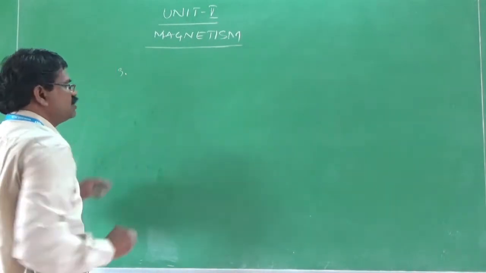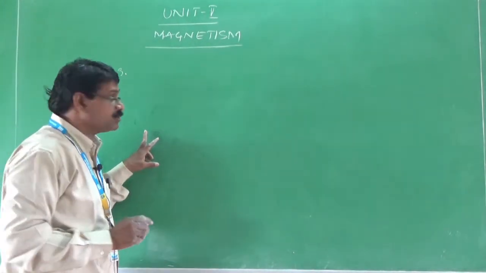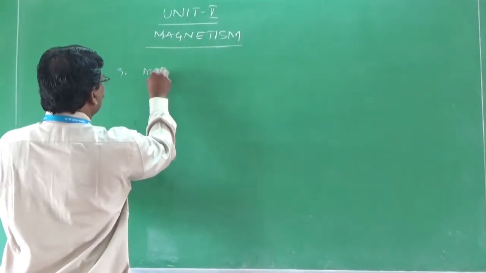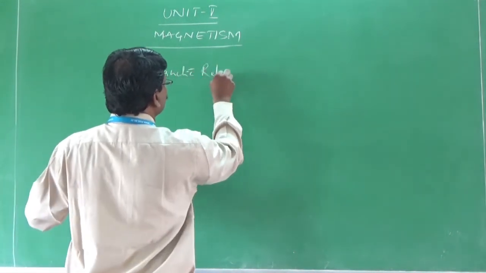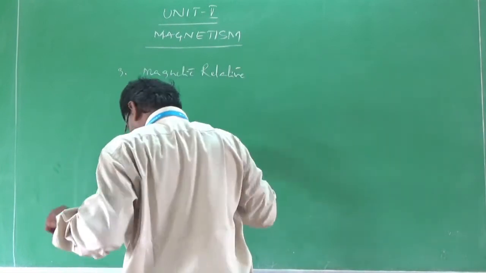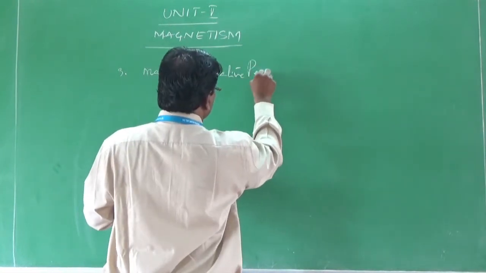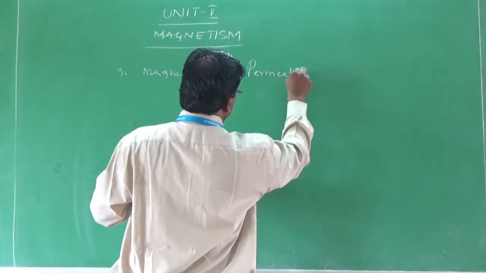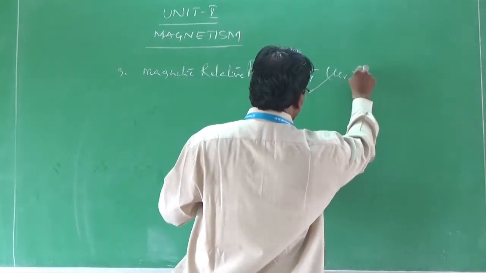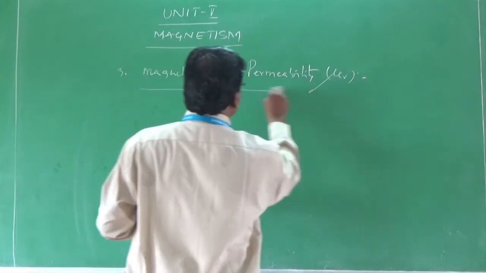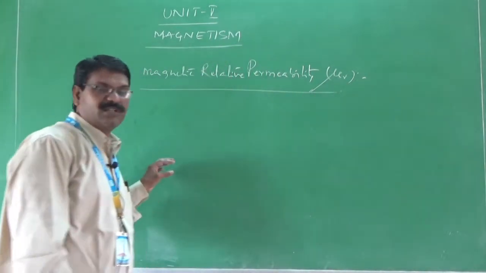The ninth definition of basic definitions of magnetism is magnetic relative permeability. It is denoted by mu suffix r. It is also a ratio, my dear students.